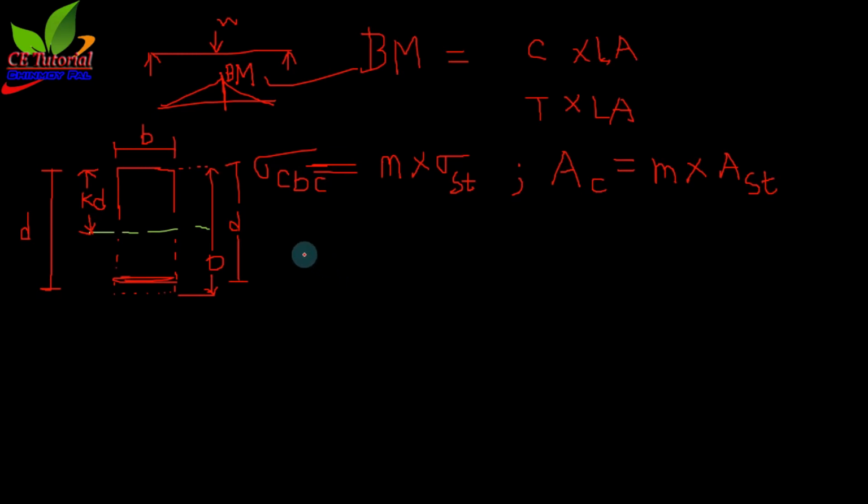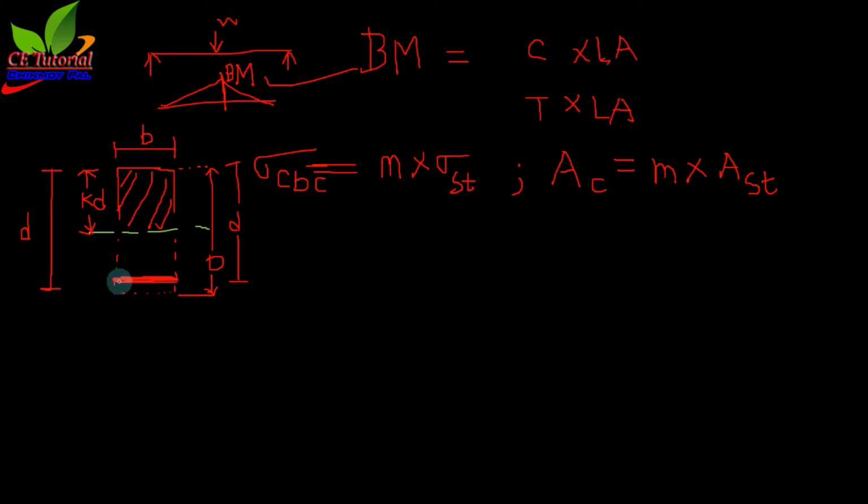Now, if I want to calculate the value of K, I can use two methods. One method is taking the moment of area about the neutral axis. Now, what is the area? Area of compression zone and area of tension zone.